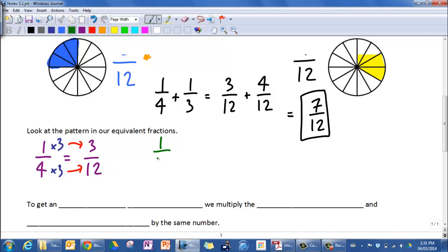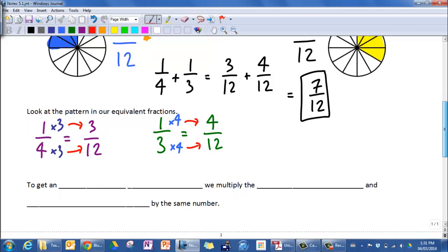Similarly, when I had 1/3, how did I get to 4/12? Well, in this case, I multiplied the top and bottom by 4 to end up at 4/12.